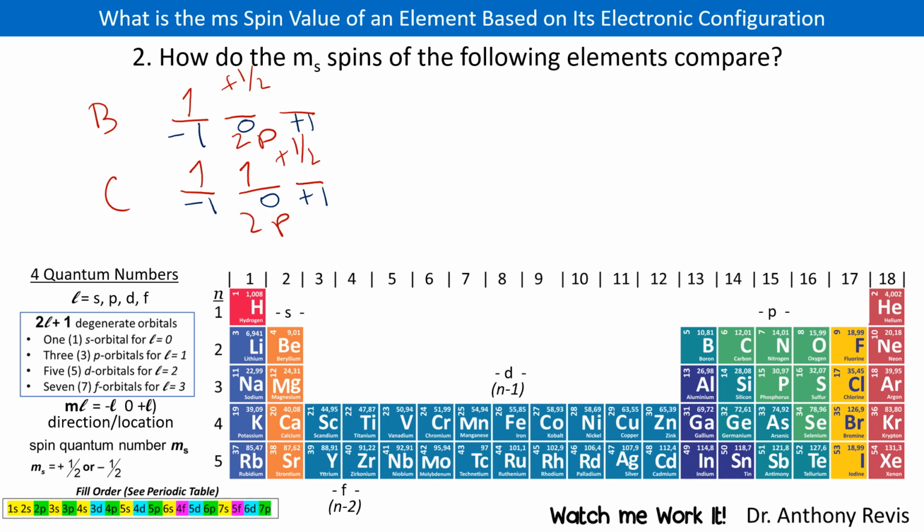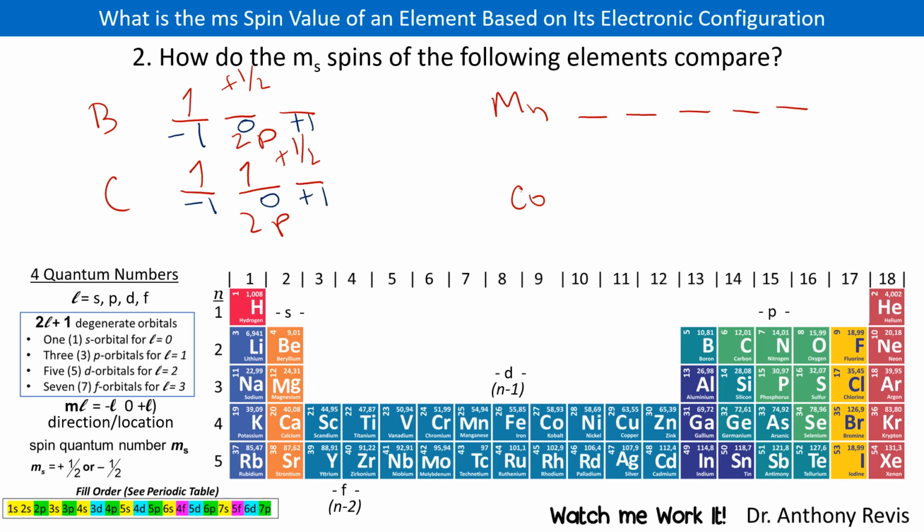Okay? Let's just compare a couple of others here. Let's compare manganese, and then I think we'll compare it to cobalt. Okay? So we would have the 5 degenerate d orbitals. Now we're here in the d, this is going to be a 3d.